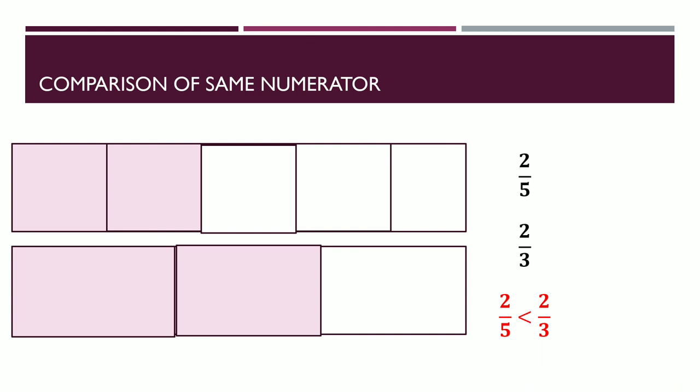When the numerator is the same, we compare the figures: the figure which is divided into a greater number of parts becomes the smaller fraction. So of 2 upon 5 and 2 upon 3, 2 upon 3 is the greater fraction in comparison.